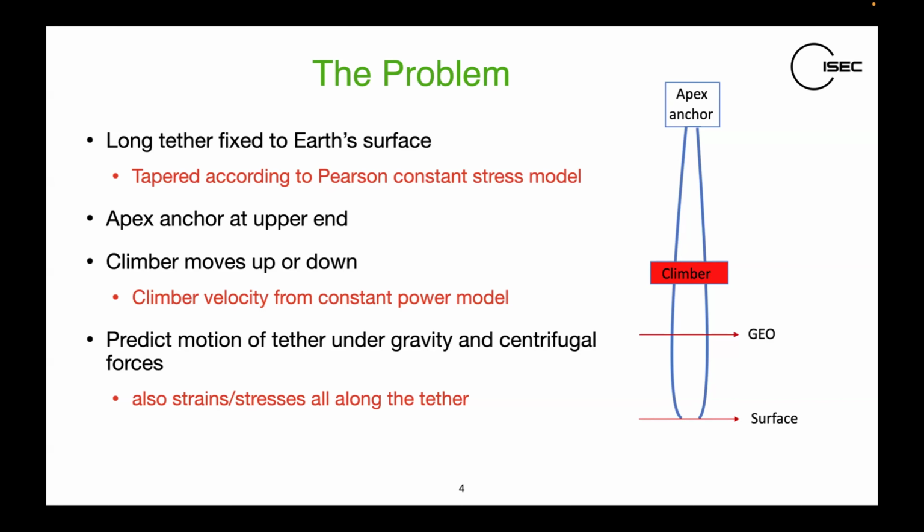And there will be some climber going up and down with an apex anchor at the far end. And we want to be able to predict the motion of the tether under gravity and centrifugal force and all other forces that we think are important. And we'd like to know what the strains and stresses are all along the tether.